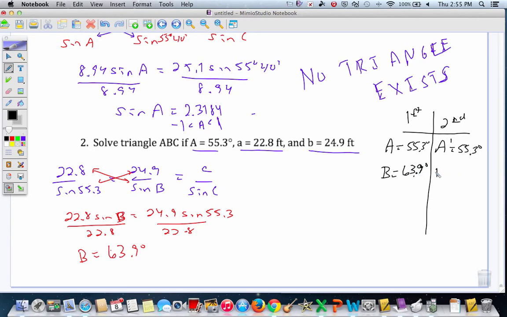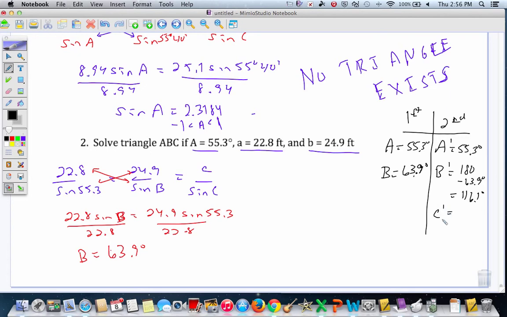We just solved for angle B in our first triangle to be 63.9 degrees. If we had angle B in a second triangle, angle B would be 180 minus 63.9 degrees. And 180 minus 63.9 would get me angle B to be 116.1 degrees.